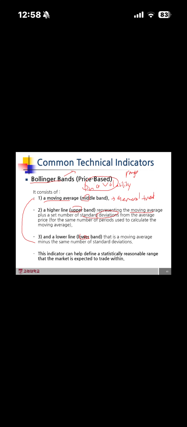Third, there is the lower band, calculated by taking the moving average and subtracting the same number of standard deviations you apply to the upper band. The standard deviation is a statistical measure that reflects how widely prices vary from the average. When market volatility increases, the standard deviation becomes larger, and the distance between the upper and lower bands widens. When volatility decreases, the bands become narrower.